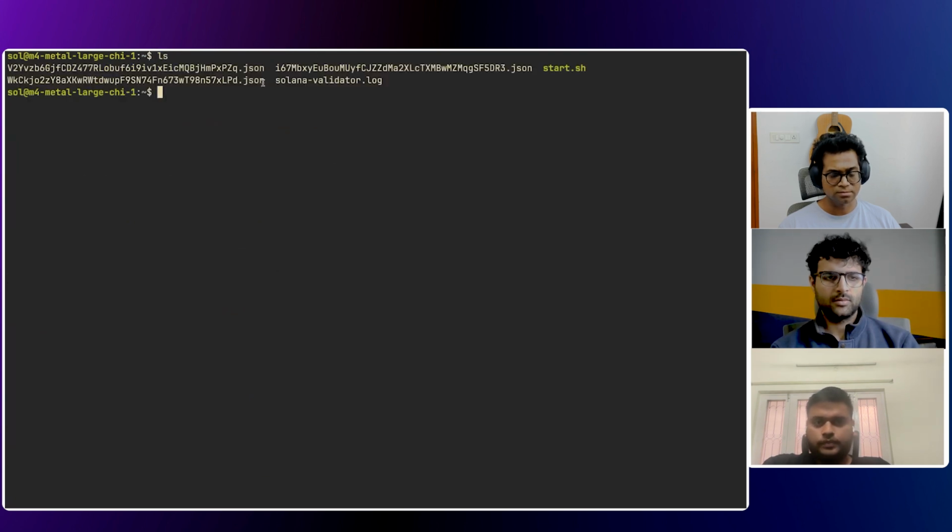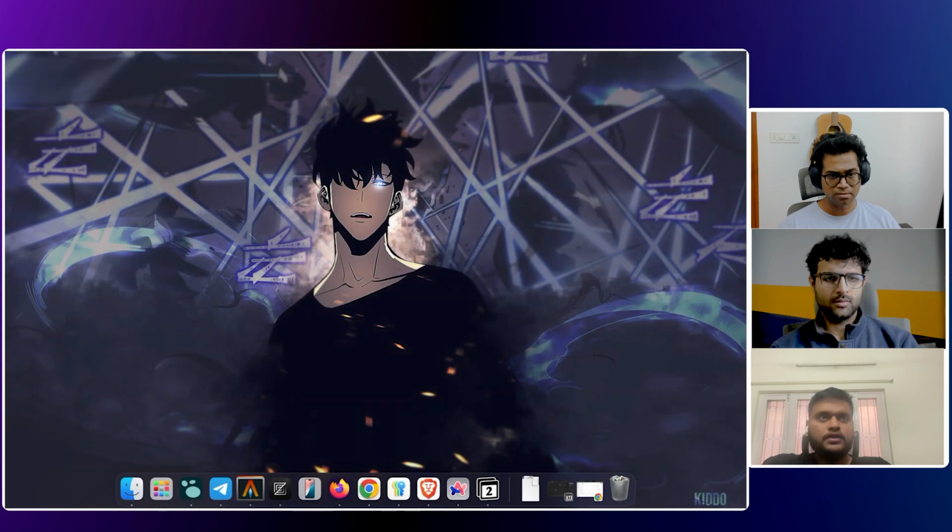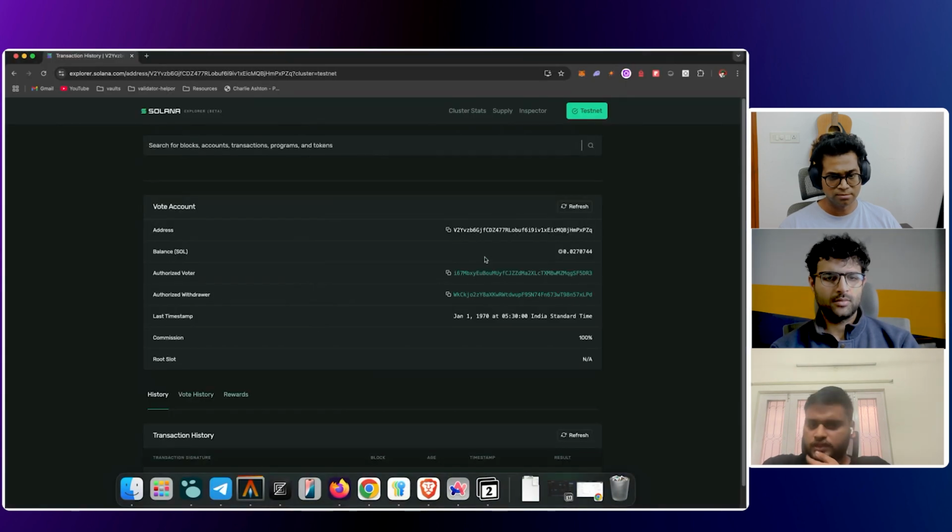First, I've set up three key pairs. The V2 one is the voting account, and this is on testnet, so you can just search it in the Explorer. I've set it up, and you can see who can authorize the vote. In a validator, you have two major pairs. One is the vote account that keeps track of all your votes.